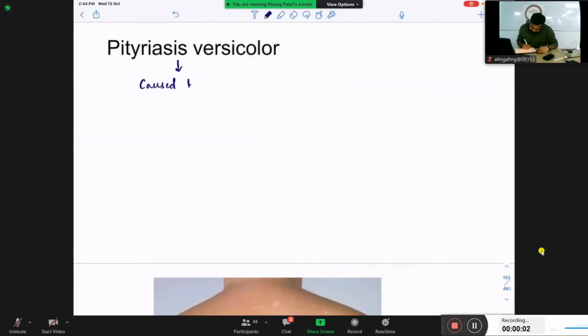Color caused by the Malassezia globosa. It is caused by the Malassezia globosa.